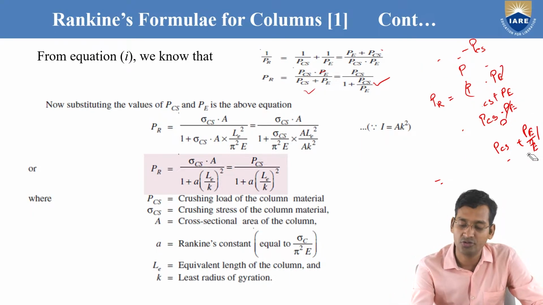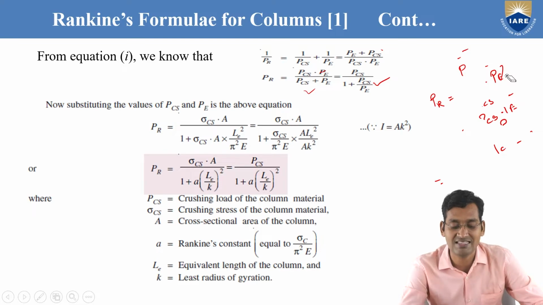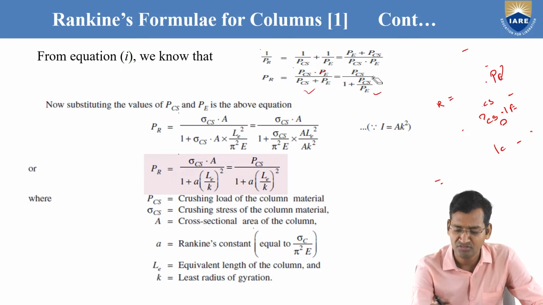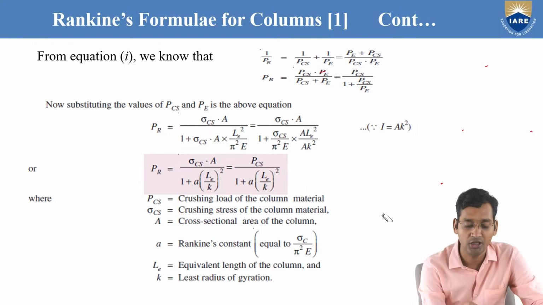Now substitute the above values in that equation, that PR value. So now substituting the values of PCS and PE in the above equation, let's see what we get after substituting. Okay, so now PR is this one.